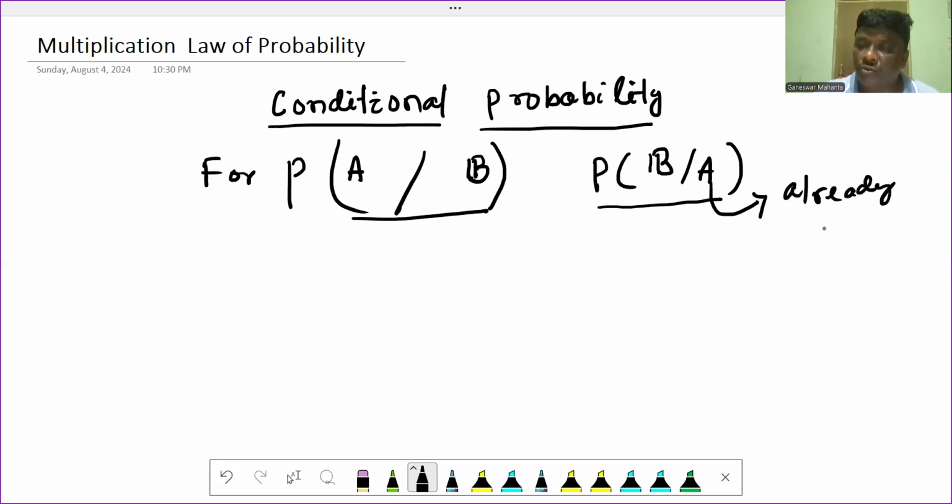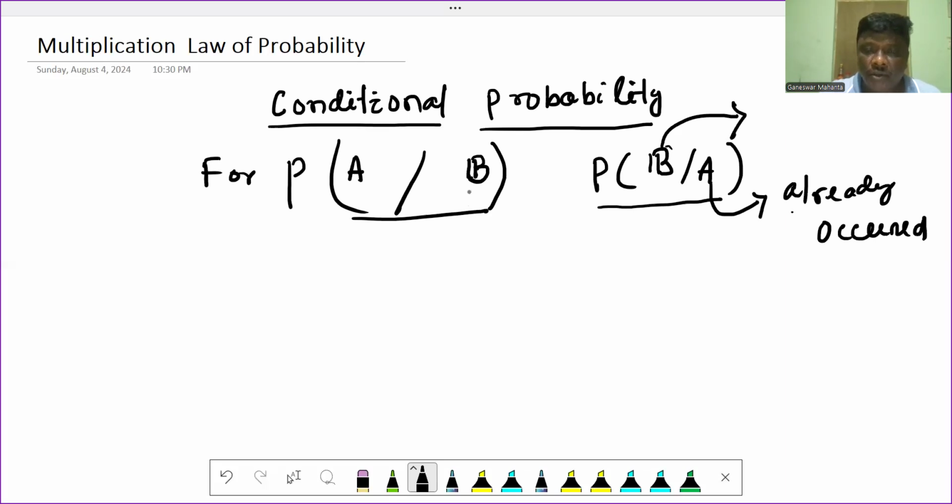We need to find the probability of B, but given that A has already occurred, and that is represented as P(B/A) and named the conditional probability.